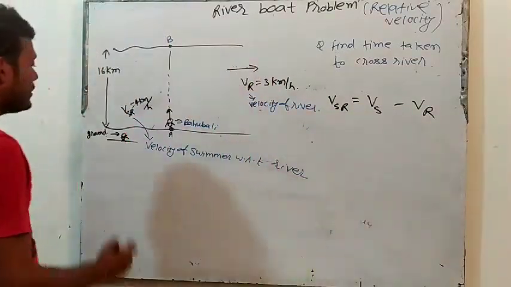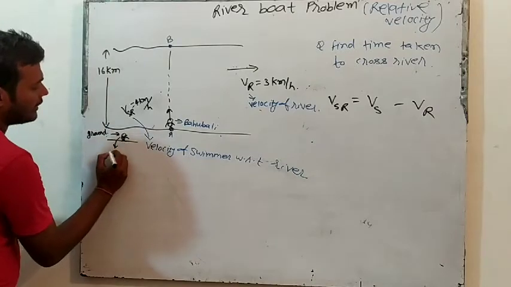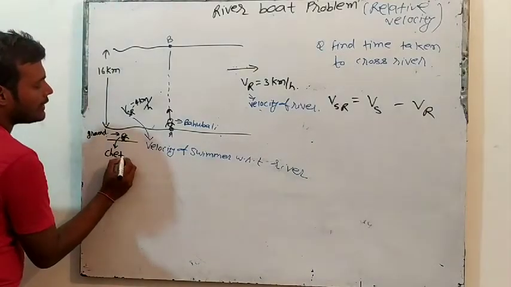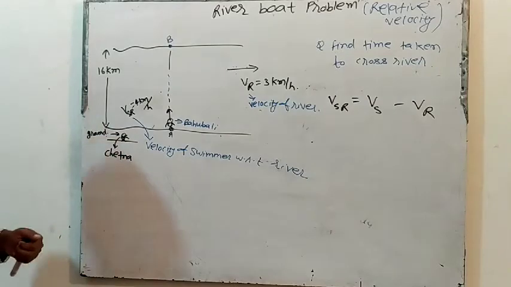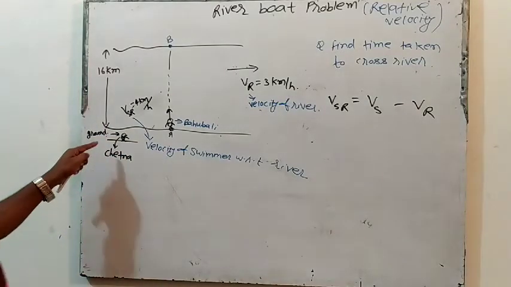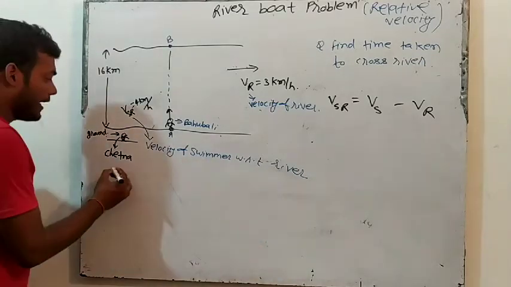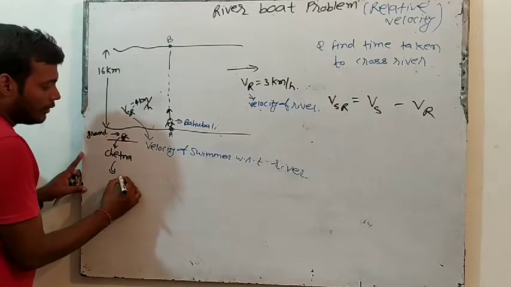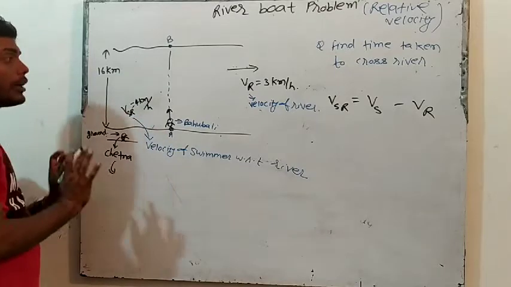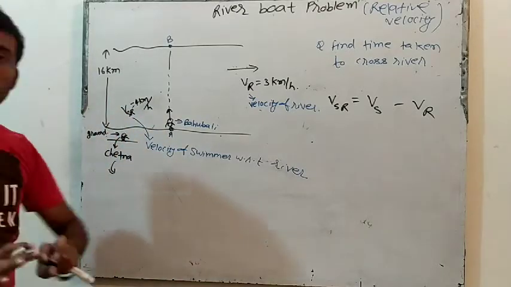And suppose that someone is standing on the ground. Chetna is standing and she is observing all the things. So always, frame of reference we will take as ground. From the ground we will observe everything, because ground is at rest.